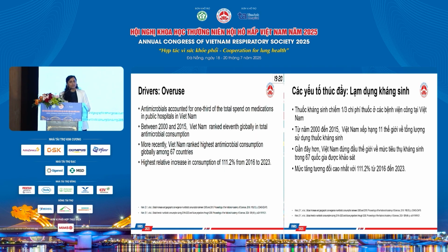Like we talked about, the drivers of antimicrobial resistance, one is overuse, using too much. Antimicrobials accounted for about 1/3 of the total spend of medications in public hospitals in Vietnam.